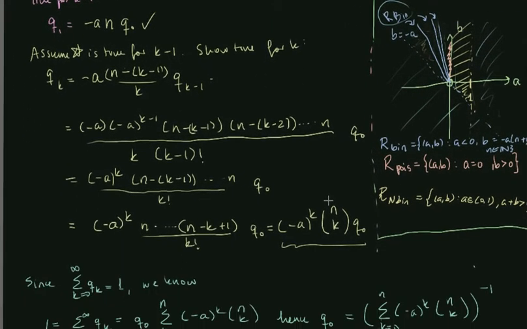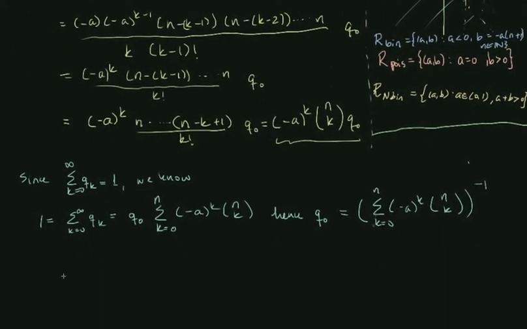So let me write up the binomial theorem here: a plus b to the n is equal to the sum from 0 to infinity of n choose k, and then a to the k multiplied by b to the n minus k.